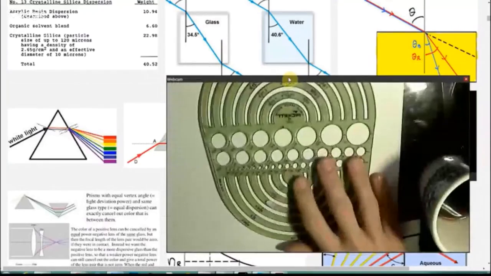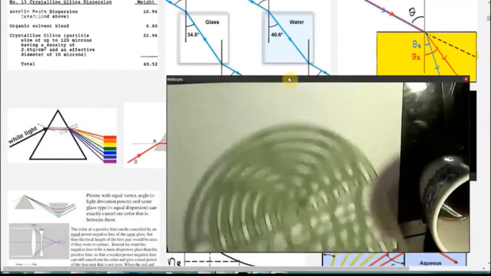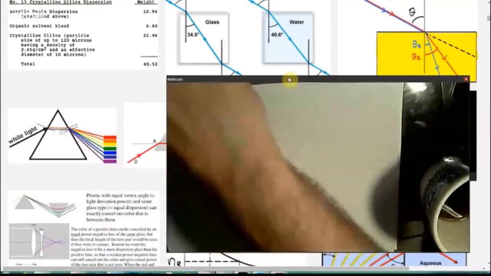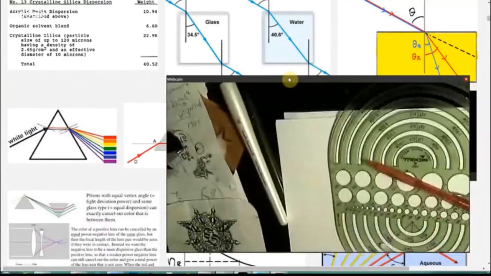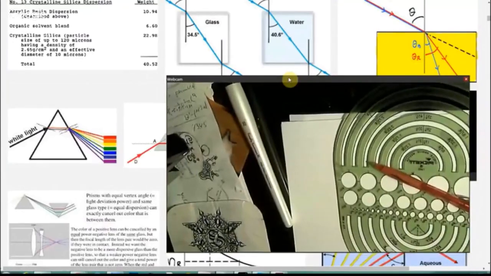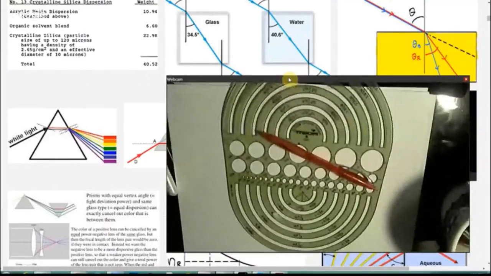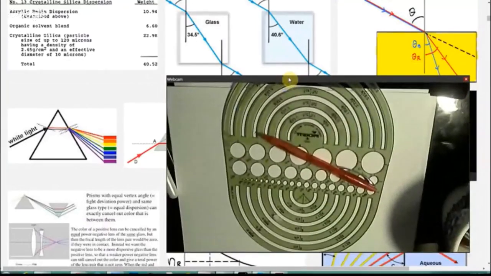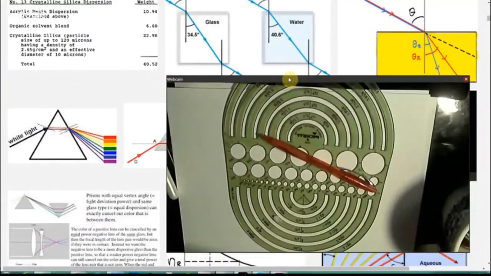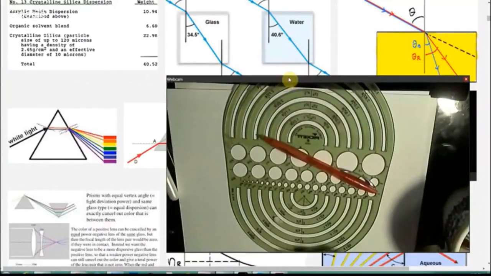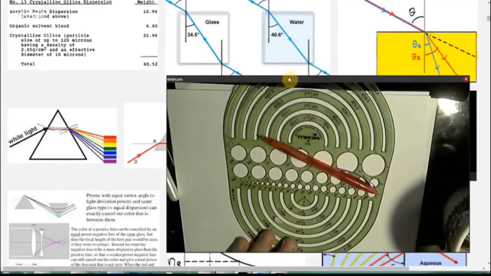Sorry about the angle. That's the best I can do with this setting. Okay, uh-oh, get some more tape. Microphone over here. Trusty pencil.